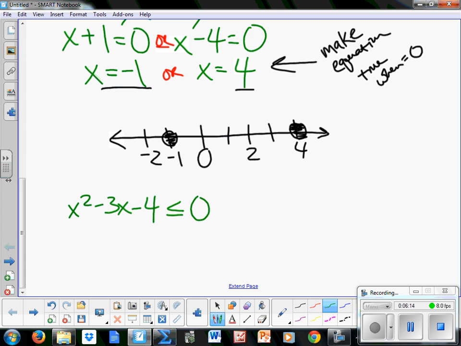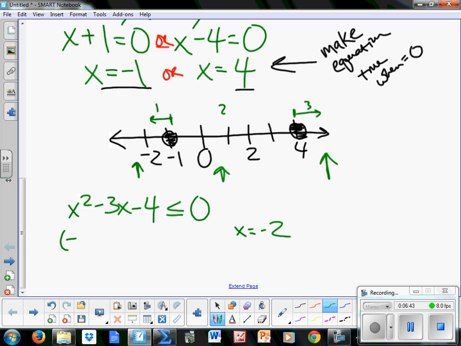Okay, so I need to pick a point in this region, and in this region. The regions are: to the left of the boundary, from boundary to boundary, and to the right of the boundary. So I have 3 regions that I'm picking points from. I'm going to pick x equals -2 from that left area.